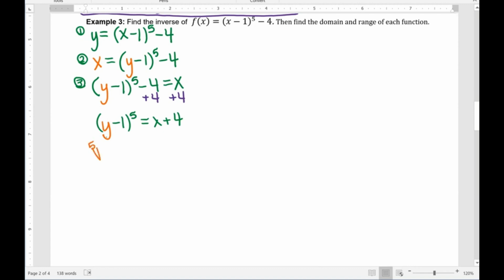So we're going to take the 5th root of (y minus 1)^5, and whatever we do to one side, we have to do to the other side. This time we do not need a plus or minus because our index, the little number on the radical, is odd. On the left-hand side, the 5th root and the 5 take care of each other.